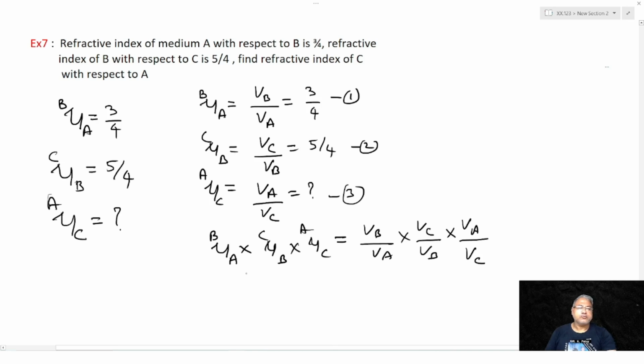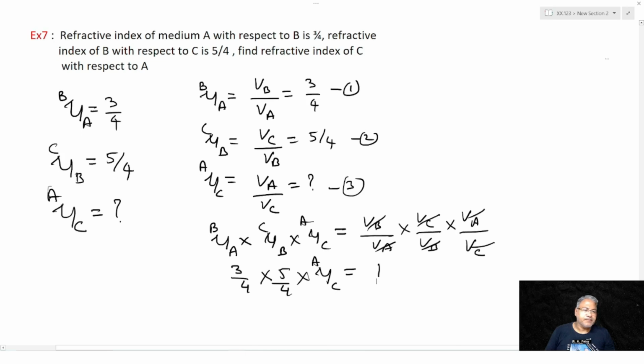This value is 3 upon 4, this value is 5 upon 4, and this is the refractive index of C with respect to A. Now this cancels, this cancels, and this and this cancel, and that equals 1.